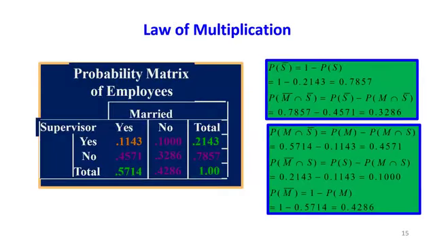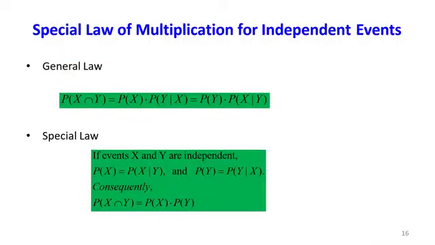All right, now let's talk about the law of multiplication. The law of multiplication says that P(x intersection y) is equal to, if these two events are not independent, let's suppose y is dependent on x, then it is denoted as the product of these two probabilities.